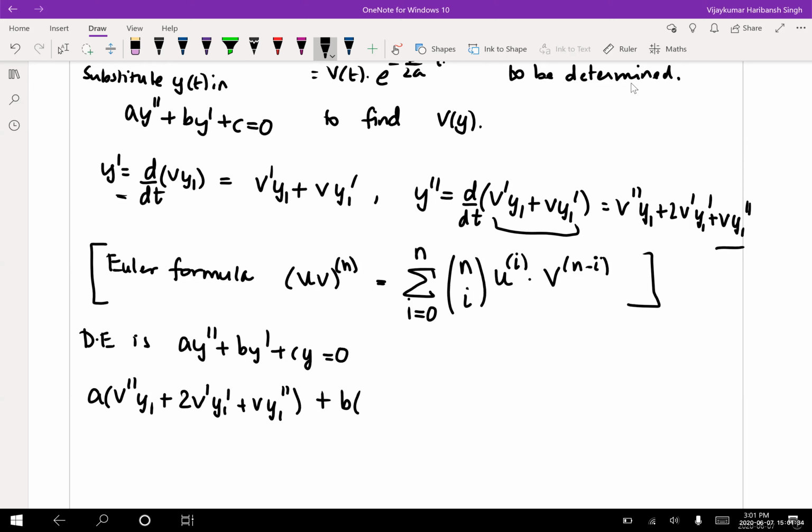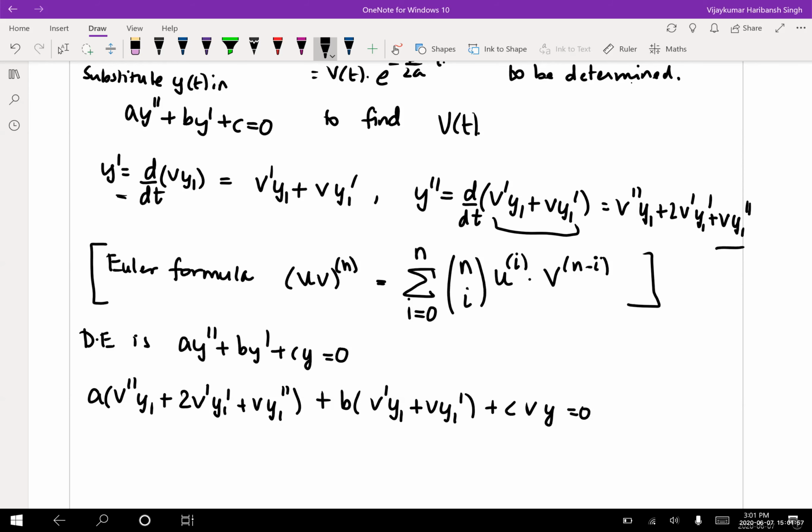We have already computed that: v prime y1 plus v y1 prime, plus c times v y, which is simply v times y, equals 0. So here we were supposed to find v of t.